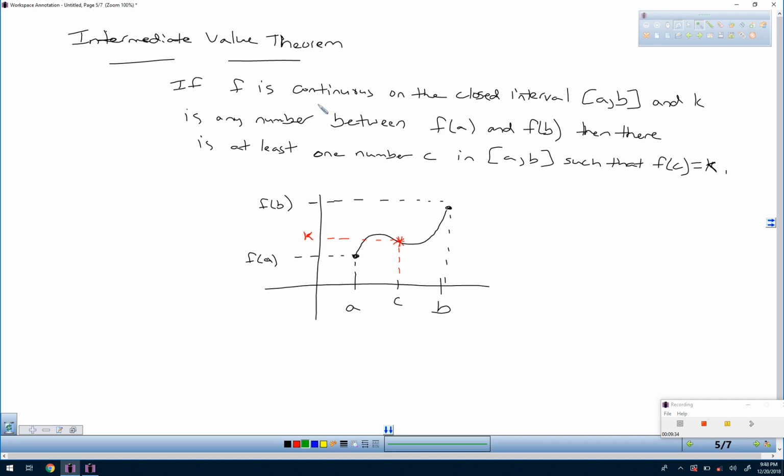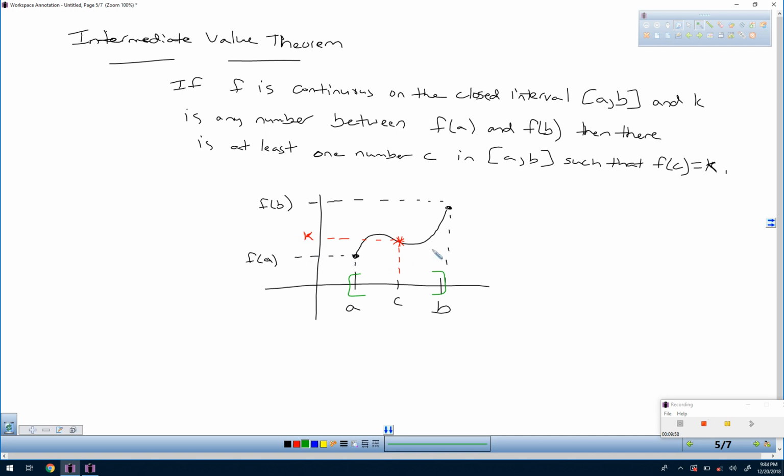So it says if f is continuous on the closed interval a to b, so notice there's no holes or gaps on this interval, and k is any number between f of a and f of b, so in other words, k is a y value, there's at least one number c in that interval from a to b such that f of c is equal to k. In other words, there's no missing gaps. If there's a number that's between a and b, then it has to be equal to some number that's between f of a and f of b.